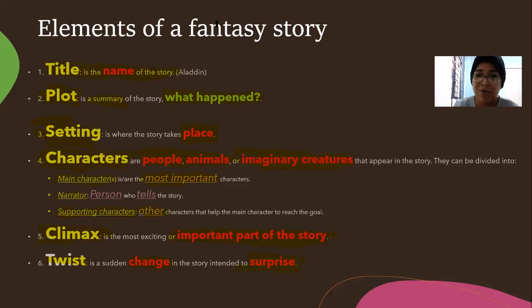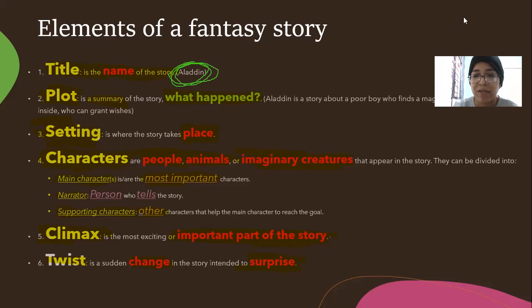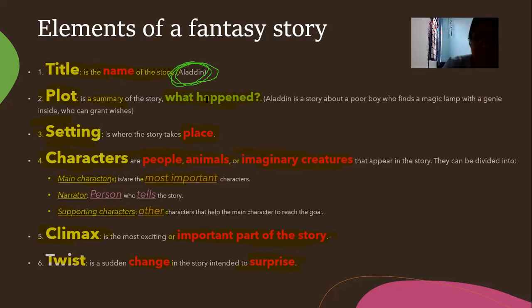Eso es bien obvio, ¿verdad? Aquí el title es Aladdin. Ese es el título, ¿cierto? Okay, let's continue. Now, the plot. Recuerda que the plot answers what happened. Responde a qué pasó. O sea, the plot es una sinopsis, pues.